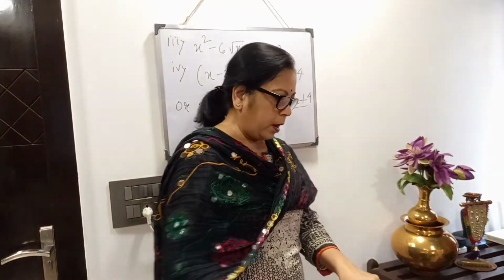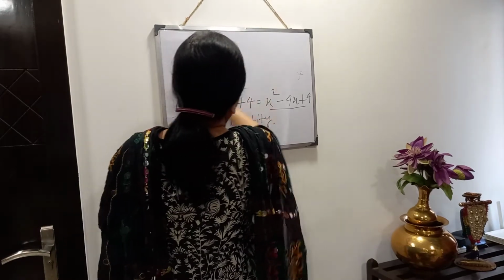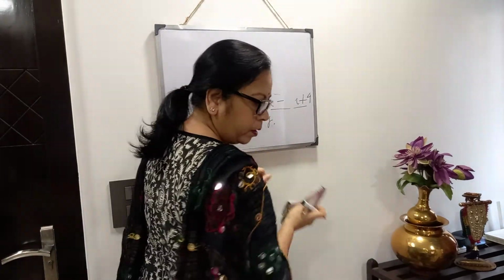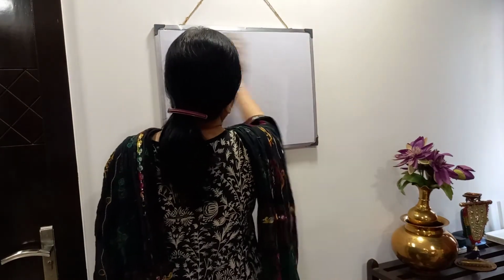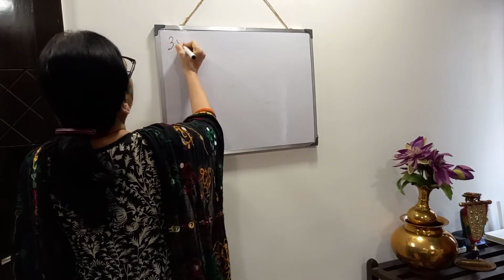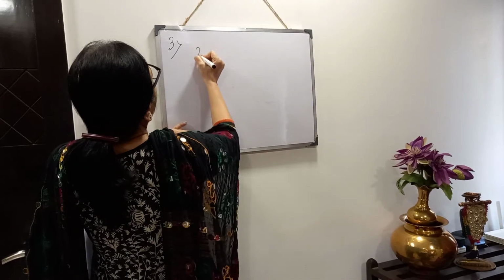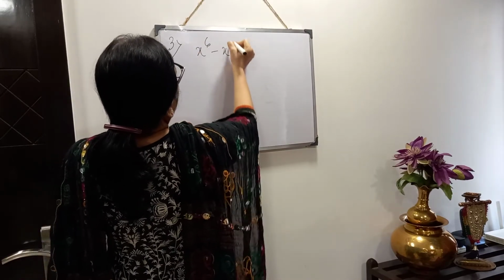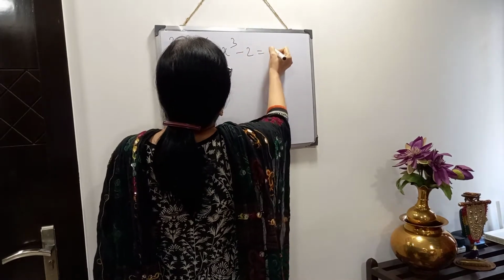Clear? Now number 3, you have to calculate the power of the variable for which the given equation will be a quadratic equation. Number 3, x to the power 6 minus x cube minus 2 equals to 0.